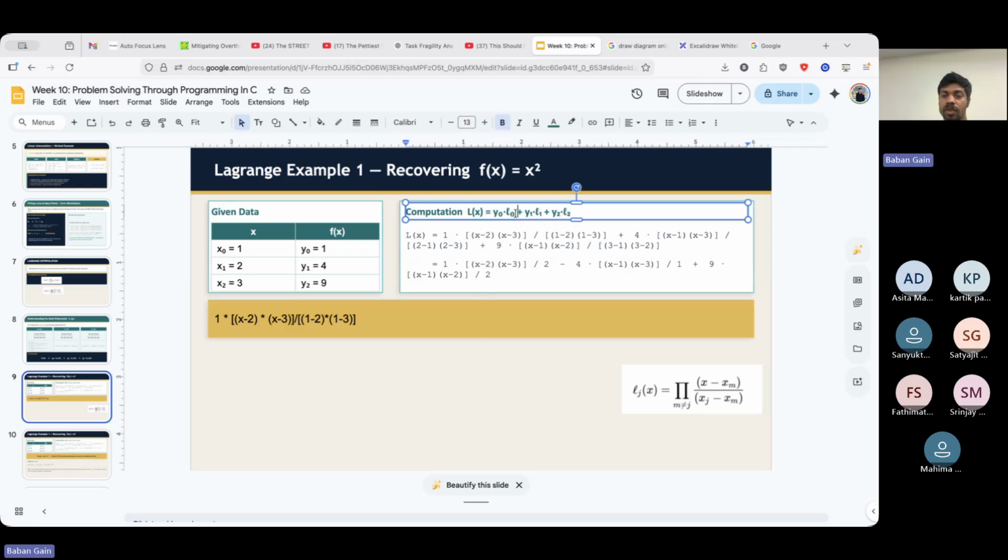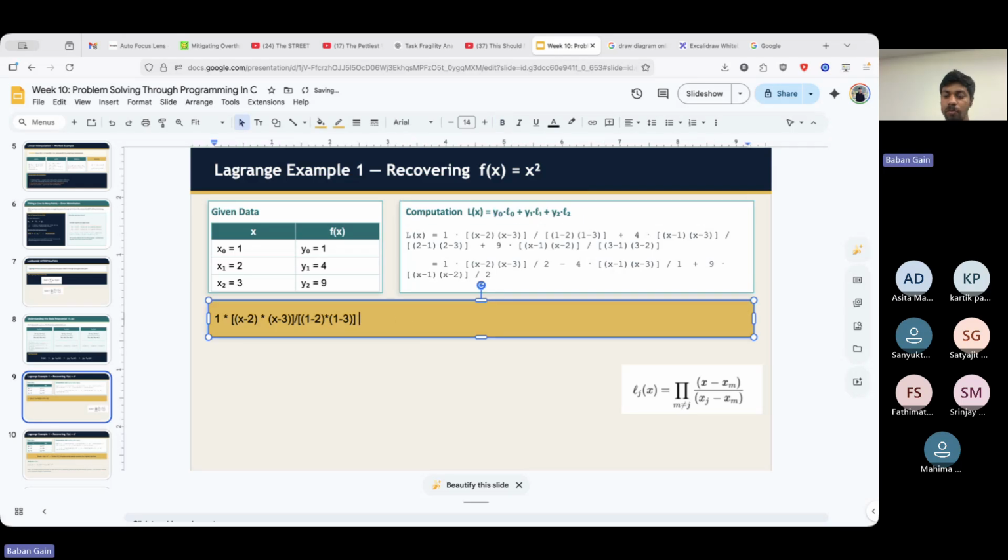First part is done. Okay, similarly for next, you have to consider y1. y1 is 4 multiplied by the value here will be x minus 1 into x minus 3, divided by 2 minus 1 into 2 minus 3.